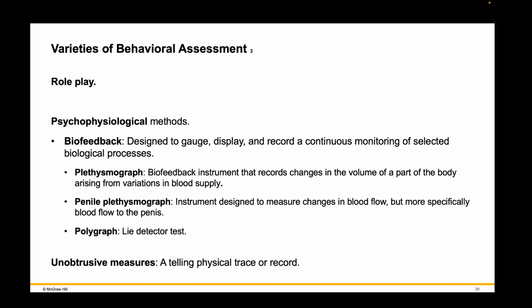So, ito yung changes it records in the volume of a body part that arise from variations in the blood supply. And then we also have the penile plethysmograph. So this is same as the previous one. Yun nga lang, mas minimeasure niya yung blood flow to the penis.